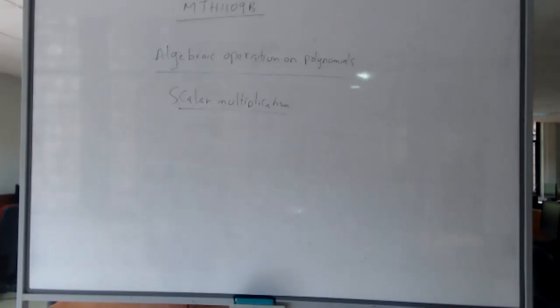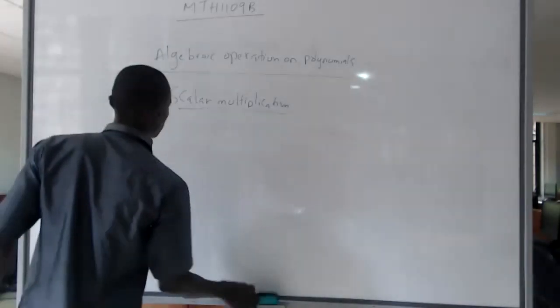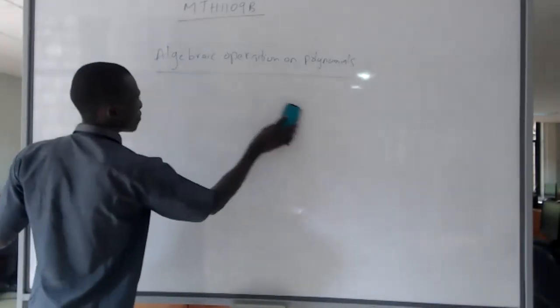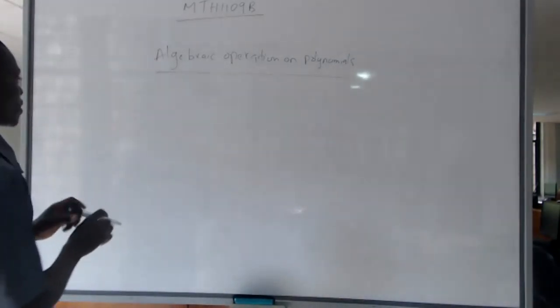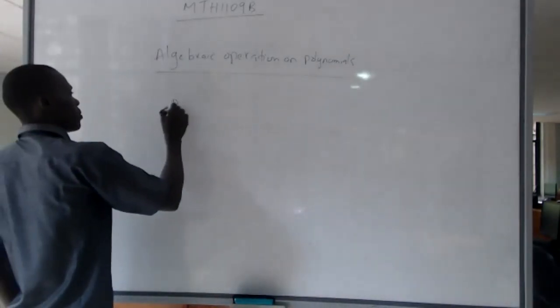Must it be scalar multiplication? No, there is also multiplication of polynomials, which is the next thing. Yes, there is also multiplication of polynomials. Sir, could you do one more example of the scalar? Another example. The last one. Okay, another example.